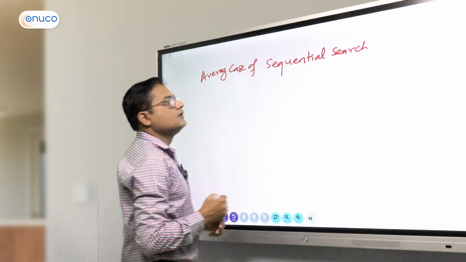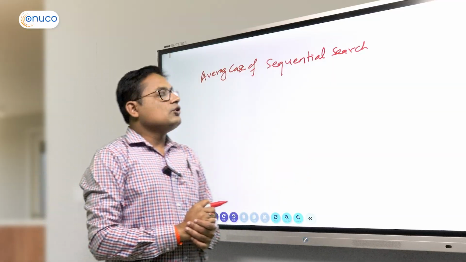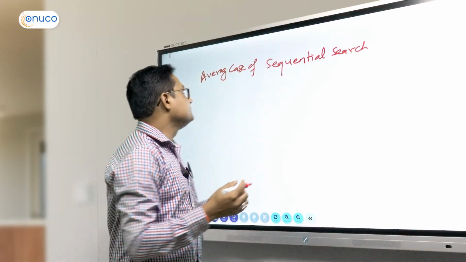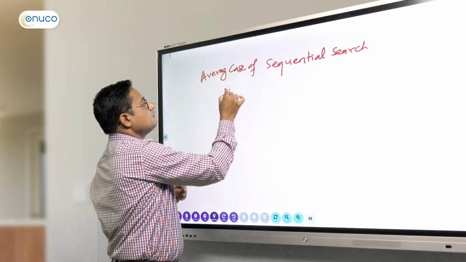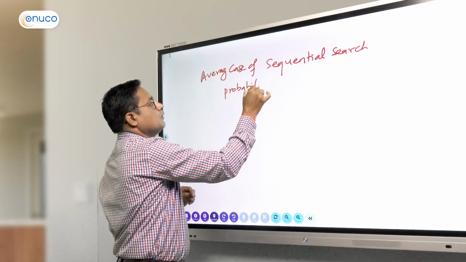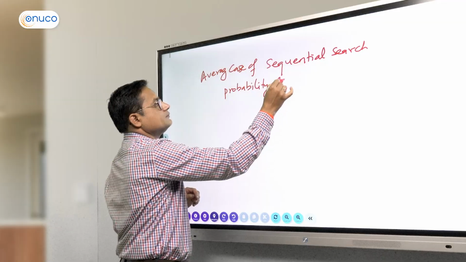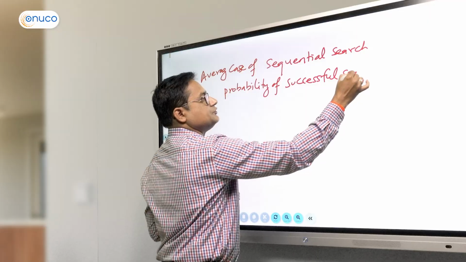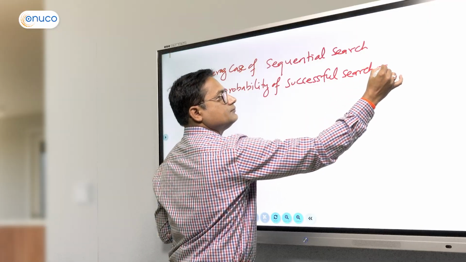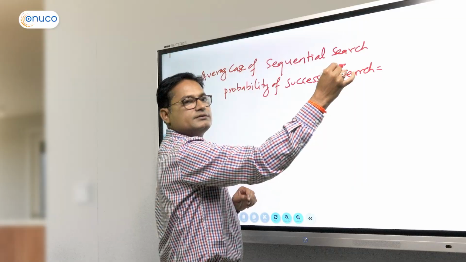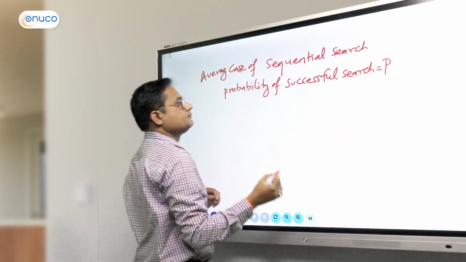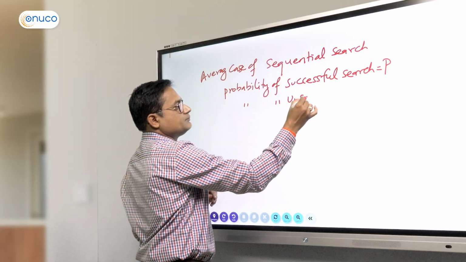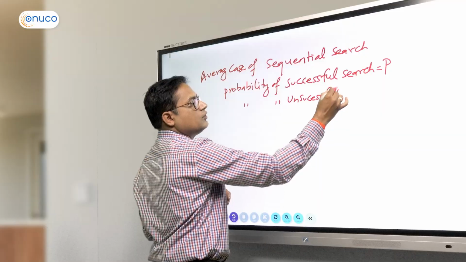Sequential search. In this case, we are going to consider probabilities, and you are all aware of probabilities. So we are going to consider the probability of successful search as P. Then we call the probability of unsuccessful search, because either the element is found or not found.